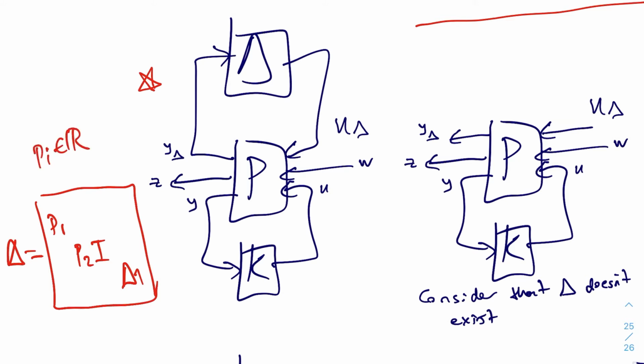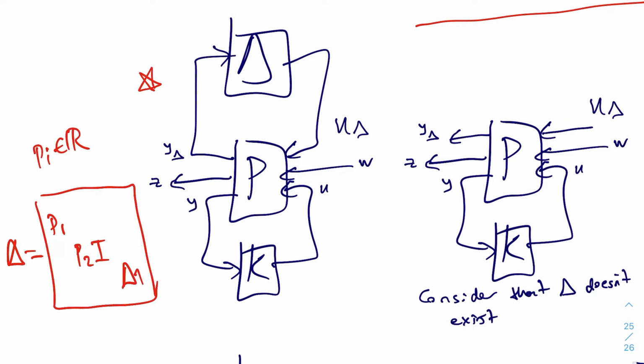And here, P1 and PI, they are real numbers, okay? And for that type of problem, you can use DK iteration, but DGK iteration would give you less conservative results. All right, we established that. And also, there is a structure to the perturbation that you have.